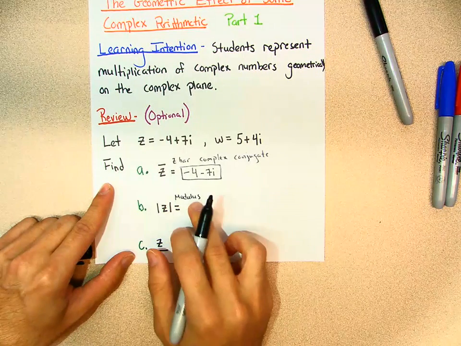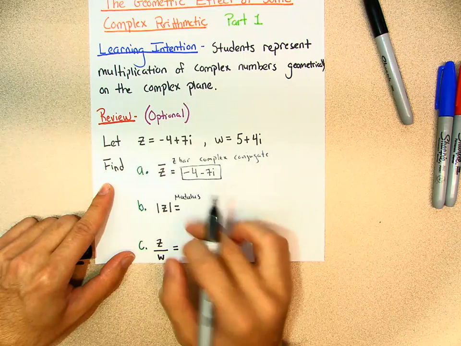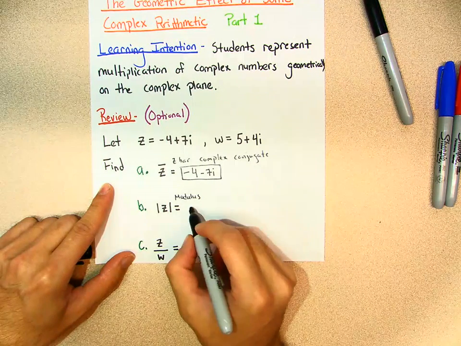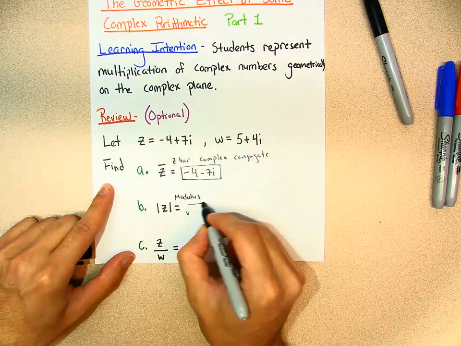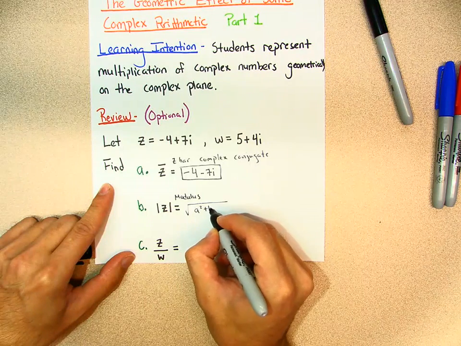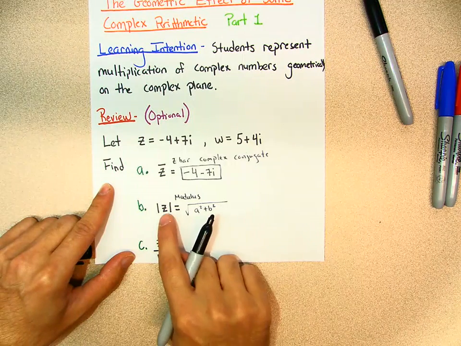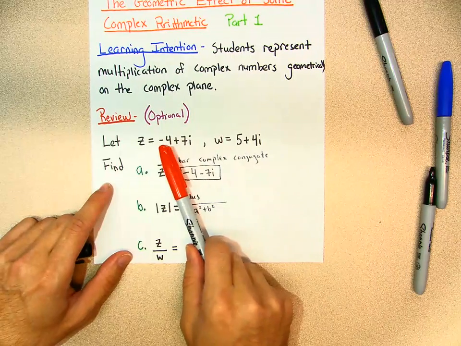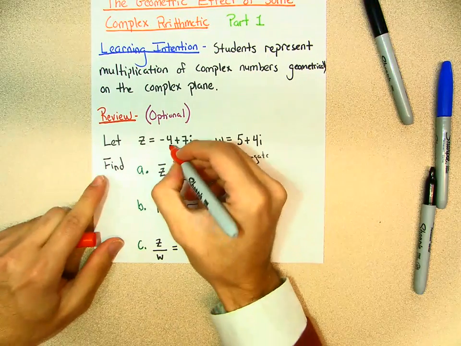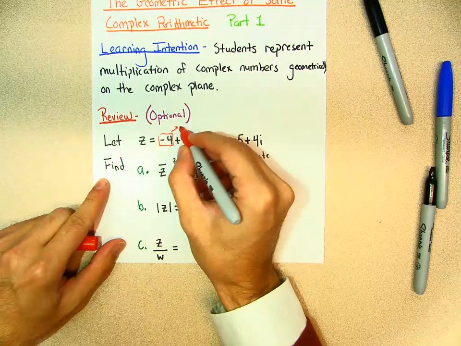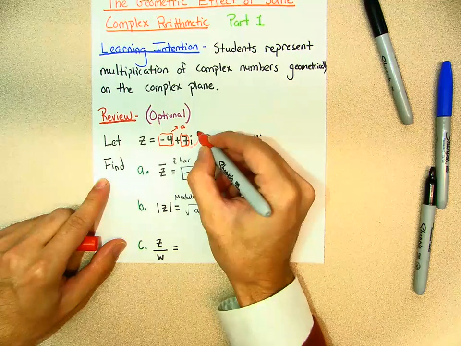And in the next section, we'll talk about what these two mean geometrically. But here, the modulus of z is equal to the square root of a squared plus b squared. Okay? So if I have my z, let's take a look at z over here. This is my a, and this is my b.